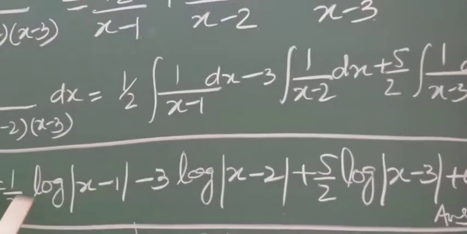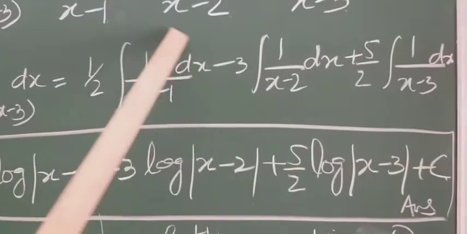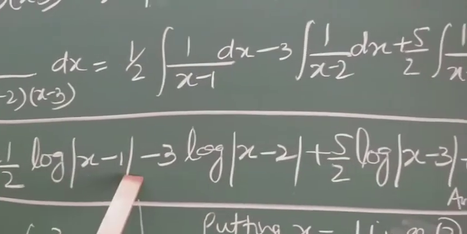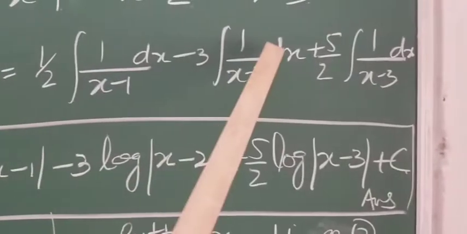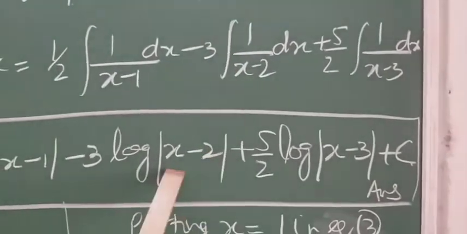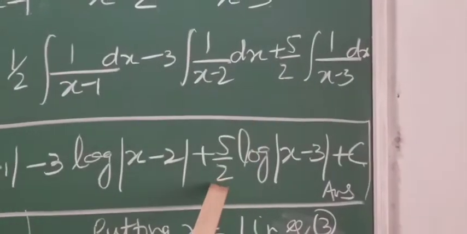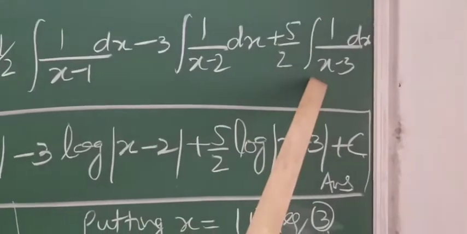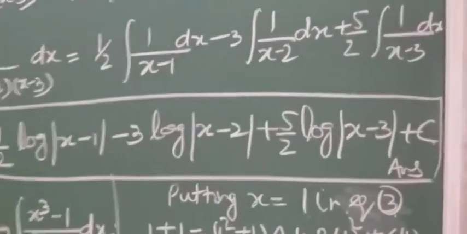So 1 upon 2 log|x - 1| minus 3 log|x - 2| plus 5 by 2 log|x - 3| plus C.